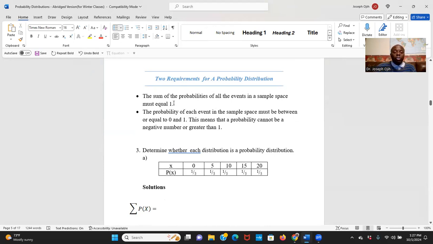First requirement: the sum of the probabilities of all the events in the sample space must equal 1. The sum of all the probabilities of all the events in the sample space must equal 1.